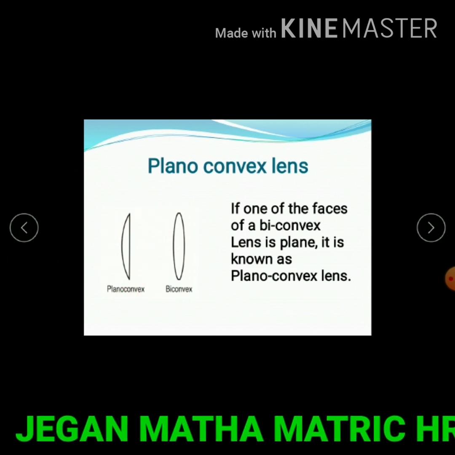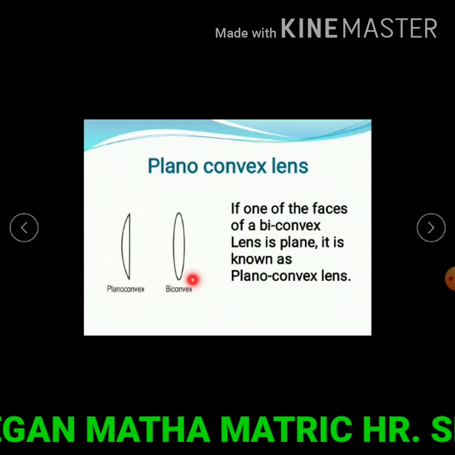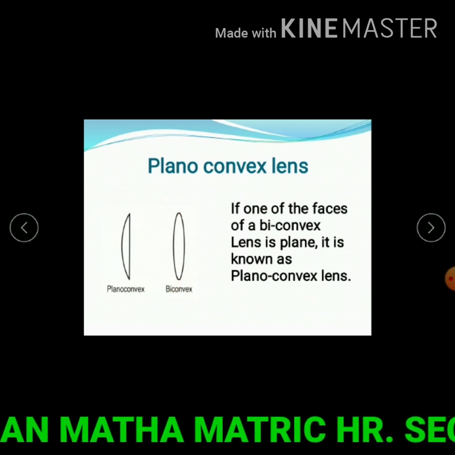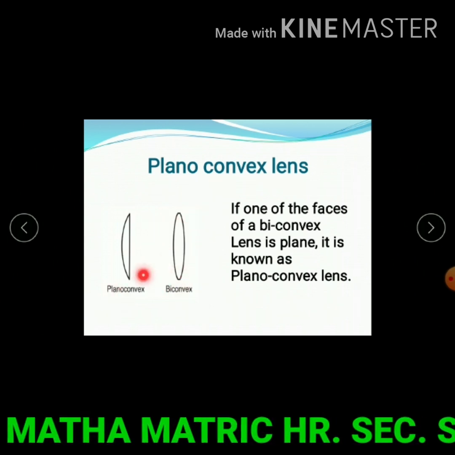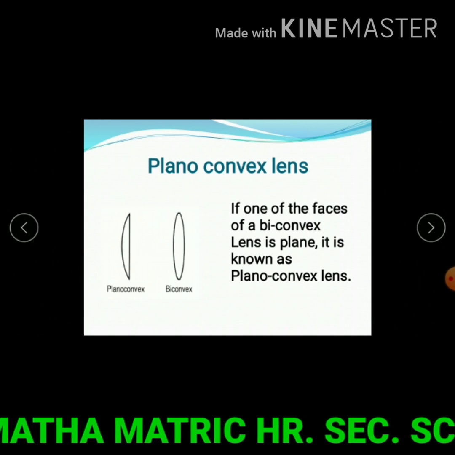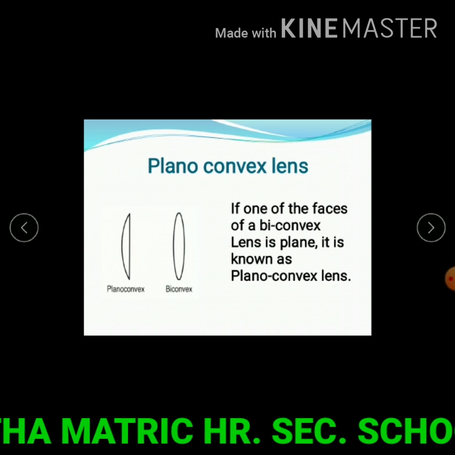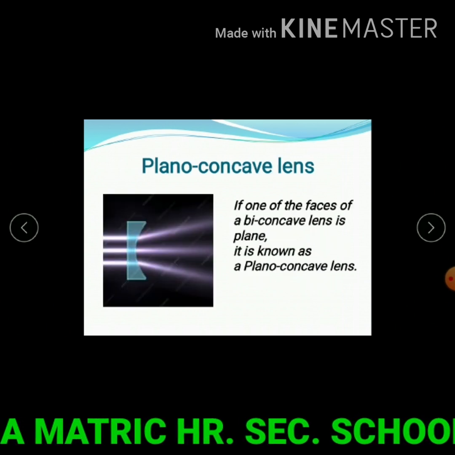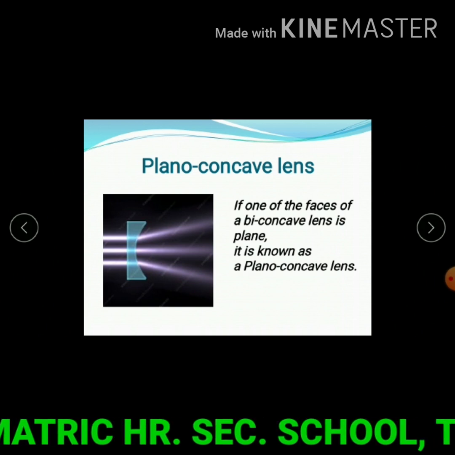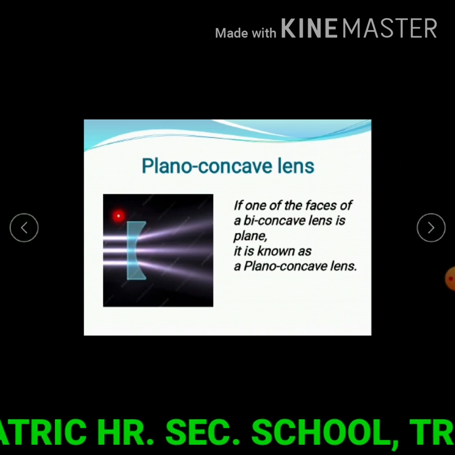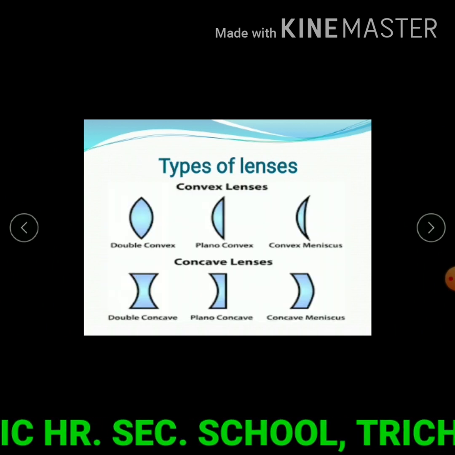If one of the faces of a biconvex lens is plane, it is known as plano-convex. Here this is the biconvex, because both the surfaces are spherical, so it is called biconvex. In plano-convex, one face is spherical and one face is plane, so it is known as plano-convex lens. Likewise, in a plano-concave lens, if one of the faces of a biconcave lens is plane, so here this is spherical and this is plane surface, so it is known as plano-concave lens.